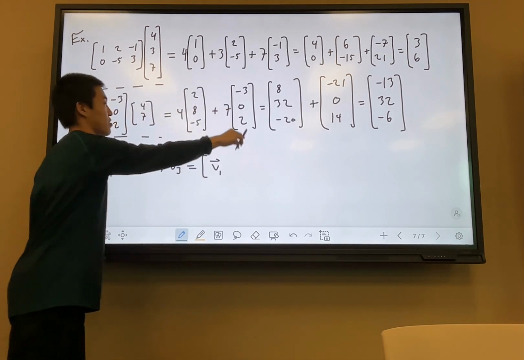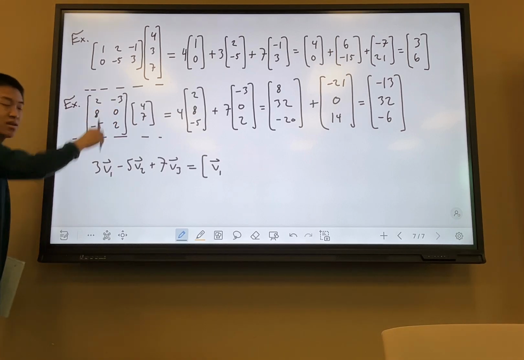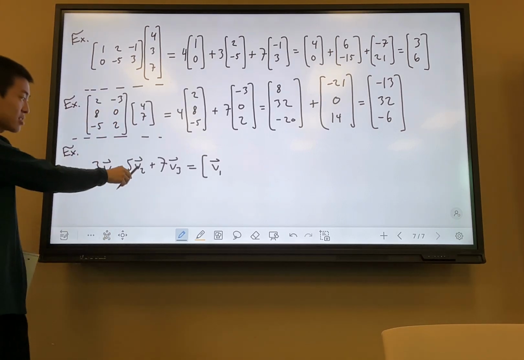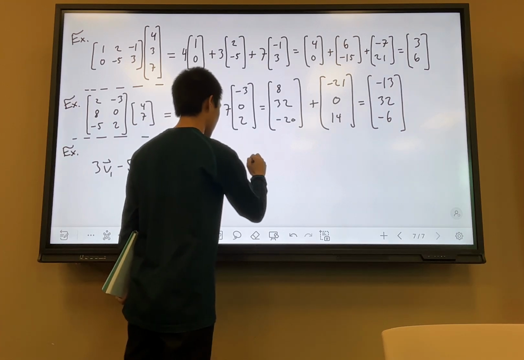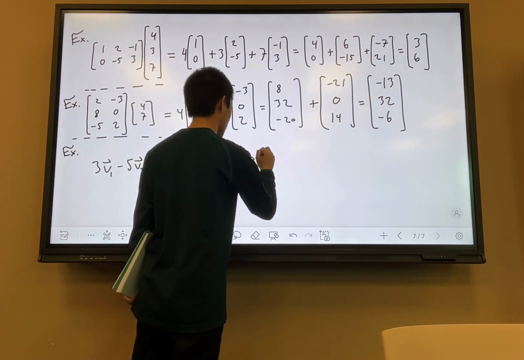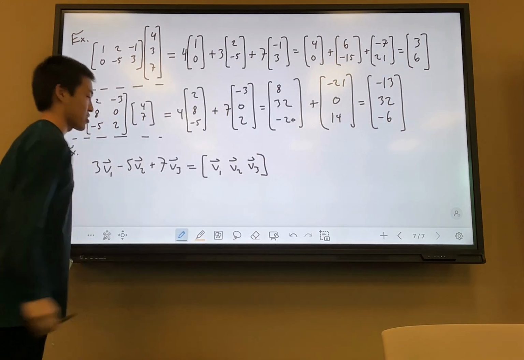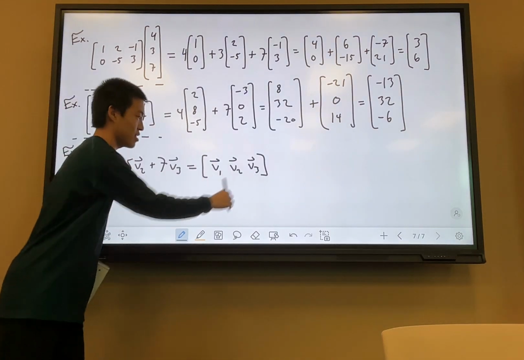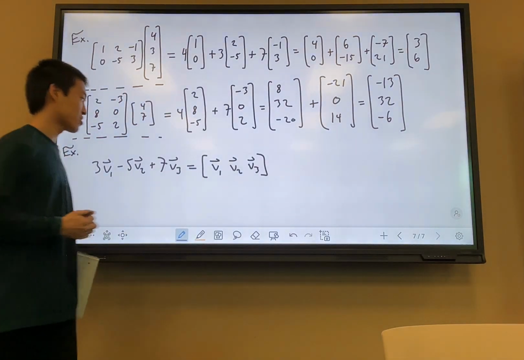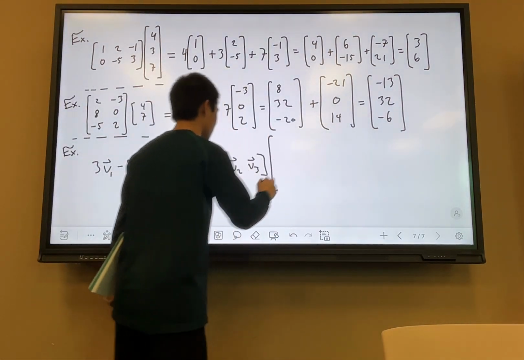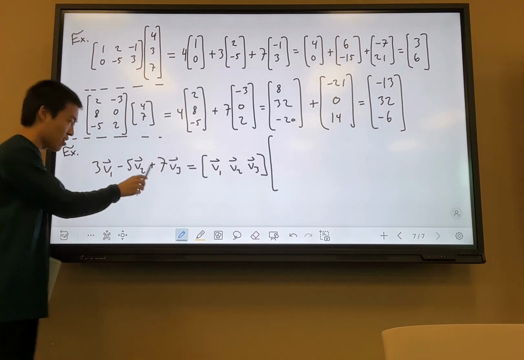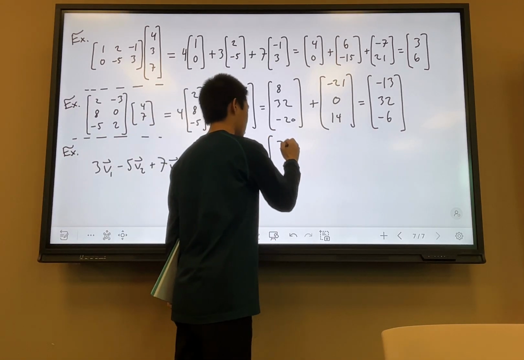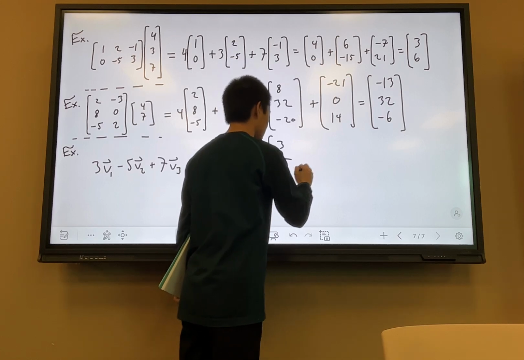And if minus 3, 0, 2 is the second column of the matrix, then this second vector, v2, is the second column. And same reasoning for the third column. So here's my matrix, listed as these column vectors. And what am I multiplying them by? I'm multiplying them by these scalar weights, in order, 3, minus 5, 7.